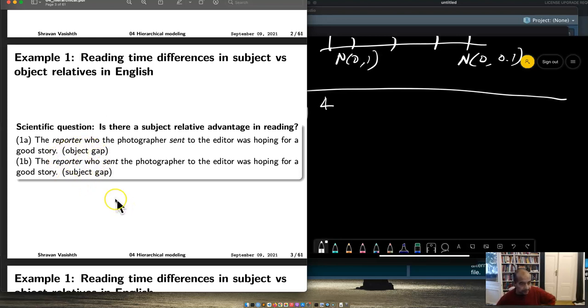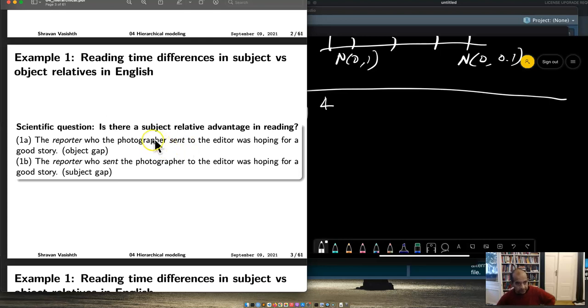And by contrast, there's also this object gap construction, which has the same setup as a subject gap. The setup is that there is the main clause, the reporter was hoping for a good story. And then again, there's a relative clause here. But this time, the verb inside the relative clause takes reporter, the main clause subject, as an object of that sentence.